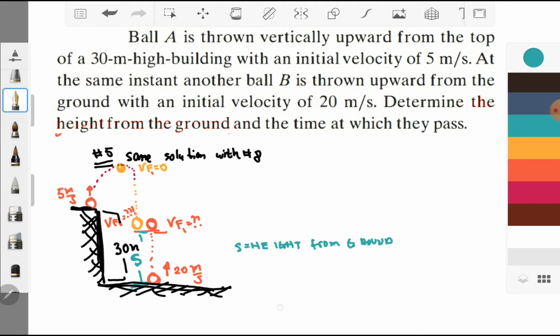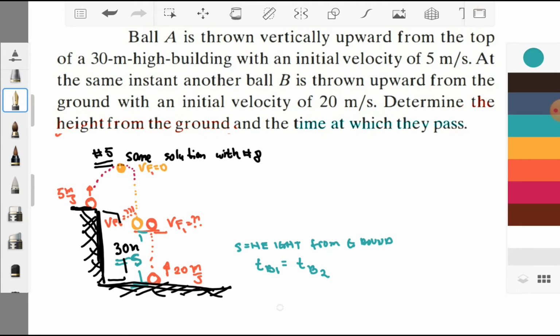Okay. What will be our next step? So take note that we have the same time. Take note that your T at your ball 1 is equal to the T of your ball 2. Okay. And our height of the building is 30 meters.